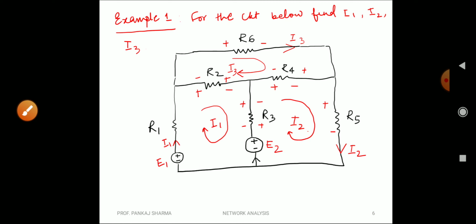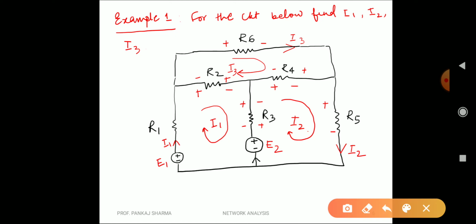Now the most important part of this mesh analysis is assigning sign. Once you have decided the direction of flow of current in each mesh, for example, the direction of flow of current I1 is like this.